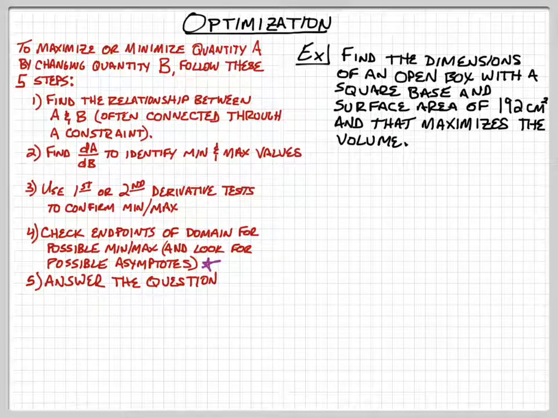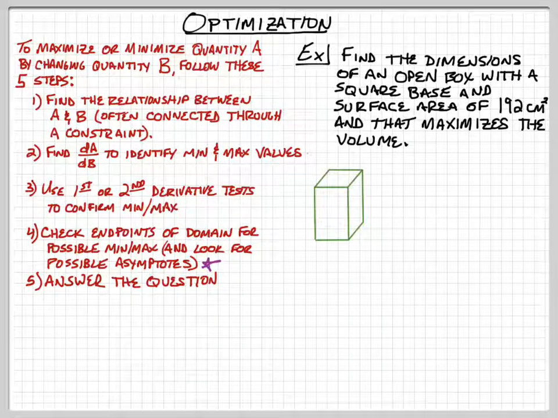Here's our example. We are going to find the dimensions of an open box with a square base and a surface area of 192 centimeters squared. What we want to find is the dimensions that maximize the volume of this box. Let's assume we've got this box here.